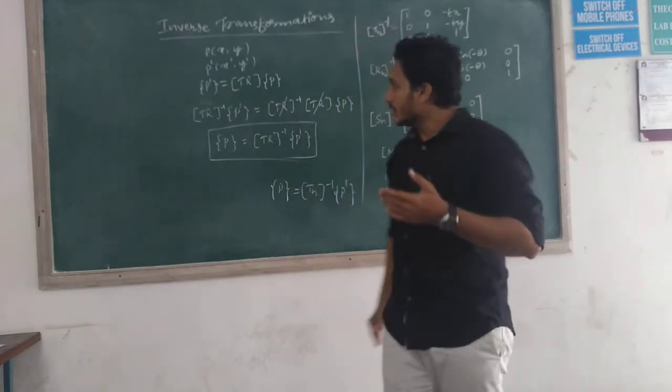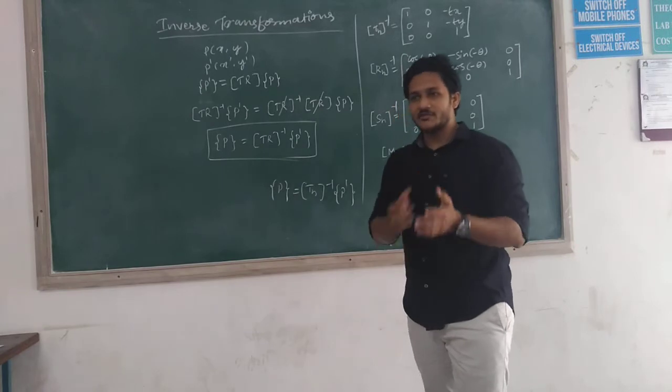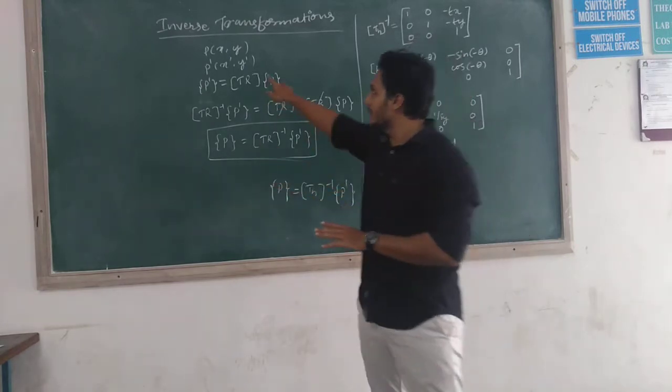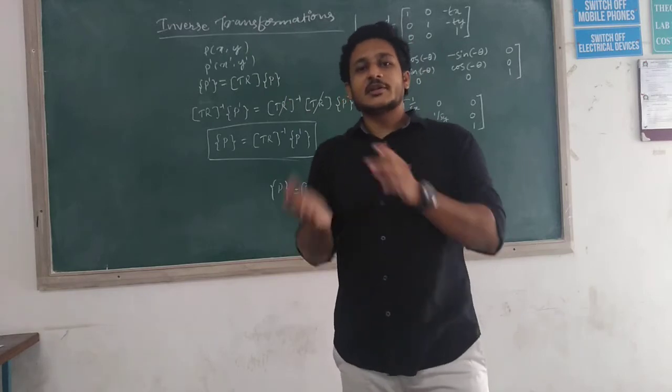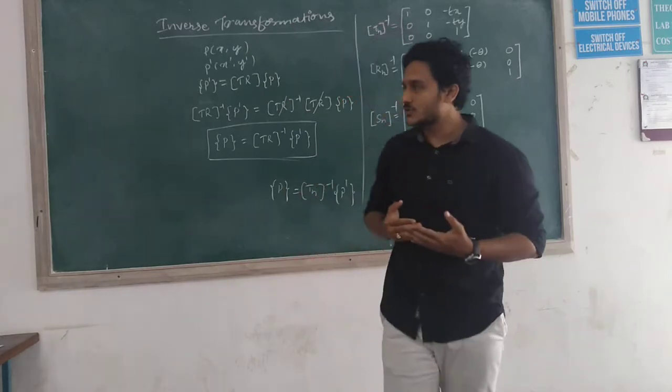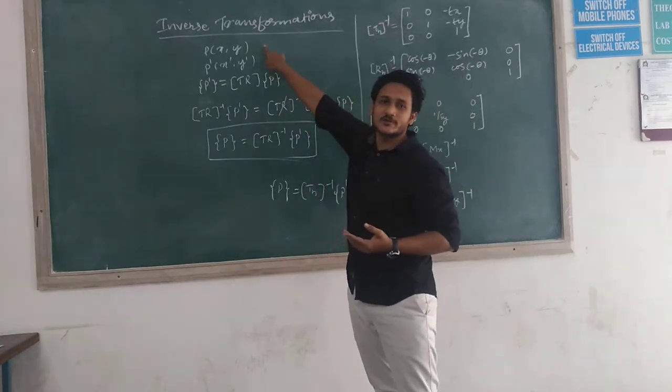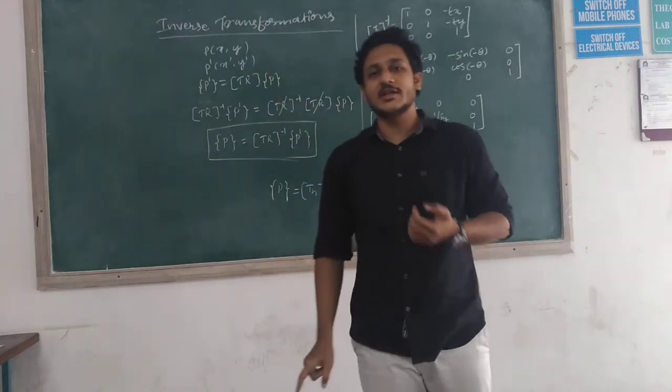But what if they have given the transformed point P dash, x dash and y dash, and the transformations, and ask us to find the initial points?